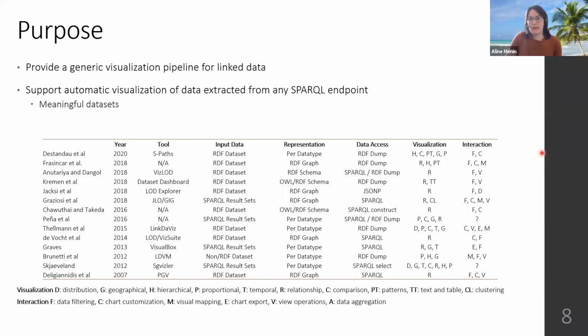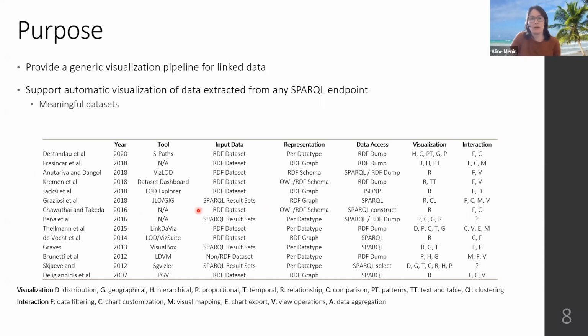We have today many other approaches that also support the visualization of linked data. But what we noticed is that most of them allow you to visualize the RDF graph as it is. And although this is interesting and can support a number of tasks, we thought this is not enough because we cannot explore other information.